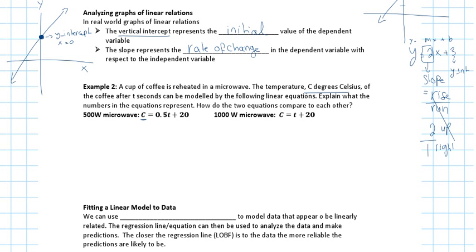It's going to increase by 0.5, because it's 0.5 times how many seconds you put it in. And then plus 20. What does that 20 represent? If you're looking at your equation, that's the same as writing y equals mx plus b. What does 20 represent?